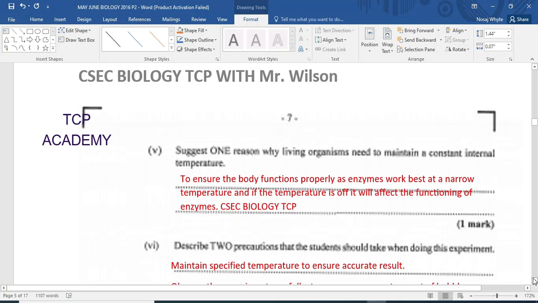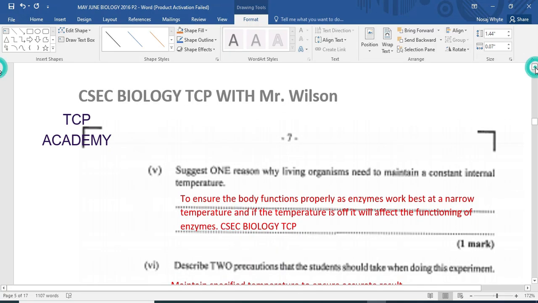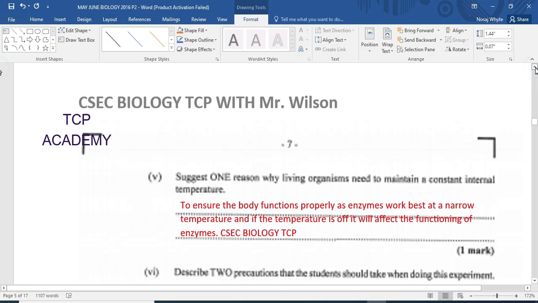What is the other question asking for? So it wants us to describe 2 precautions that the student should take when doing this experiment. Now, precaution seems to be a troubled word in science. Precaution here is looking at things that you can do or should do to ensure that the experiment is done properly.